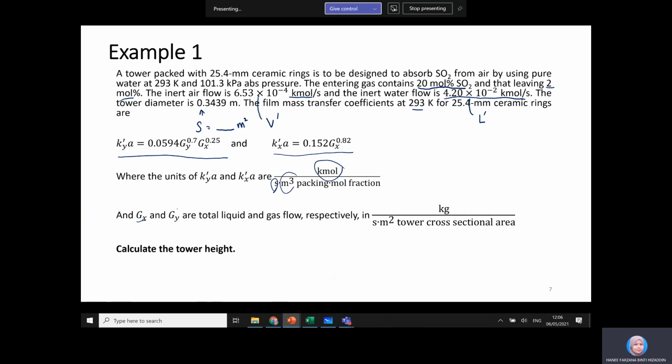And GX and GY are the total liquid and gas flow rates respectively, in kilogram per second per meter squared of the cross-sectional area, which you can calculate here. Okay, so that is what we're going to do, and the only question here is to calculate the tower height. Just one thing that you need to do, but a lot of steps that you need to follow.